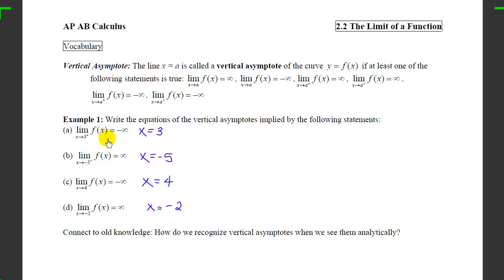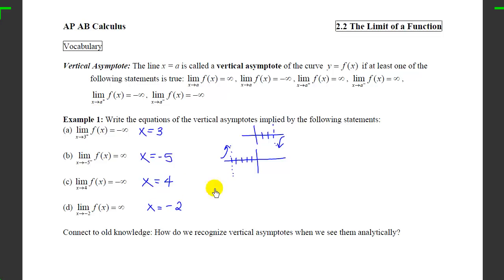Now if we wanted to represent all of these graphically, here we'd have a vertical asymptote at 3, and we're approaching it from the right and heading down. Here we have a vertical asymptote at negative 5. And as we're approaching from the left, we're heading up.